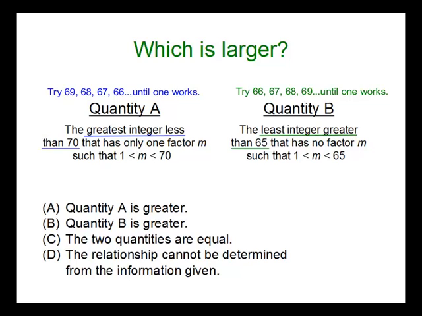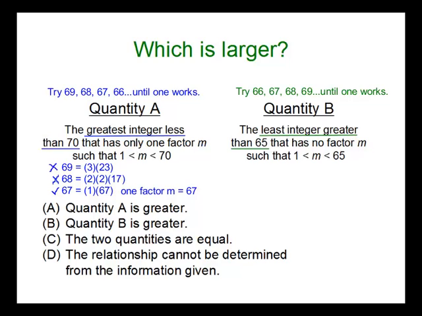Here's where we turn our attention to that part after the word that in quantity A. All right, so does 69 have only one factor m such that m is between 1 and 70? Well, I don't know until we factor 69. And when you do, you get 69 equals 3 times 23. Those are primes.